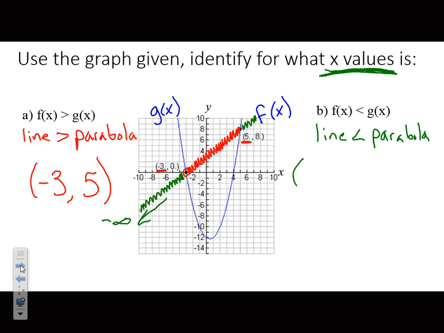So we're going to go from negative infinity all the way to our x value, which is negative 3. Then on the other side, we start at 5, and we go all the way forever, to infinity. That's when it's less than. Right? So make sure we get all of that in our notes, please.